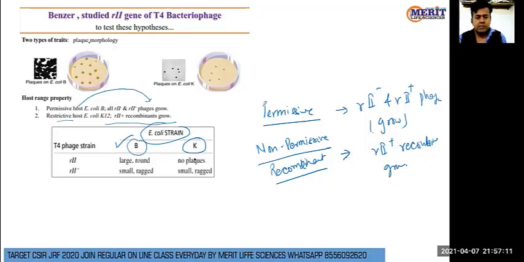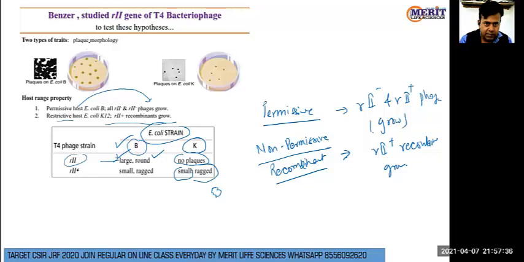What is the feature of K strain? No clear plaque formation, very small and ragged. Ragged means not exactly circular. And B strain, what is the feature? Large, rounded plaques in the rII.